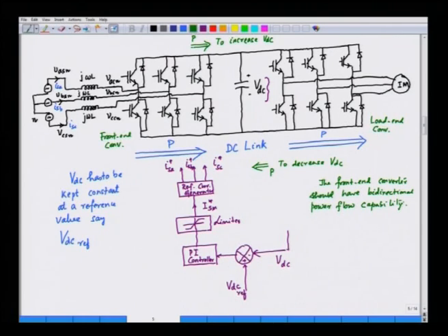Now, if we see, the front end converter delivers two types of power. One power which is fed to the motor, and the second power which supplies the loss of the capacitor and the overall system. So, if we want to increase the capacitor voltage, the front end converter has to supply the demand of the induction motor plus extra power to charge up the capacitor.